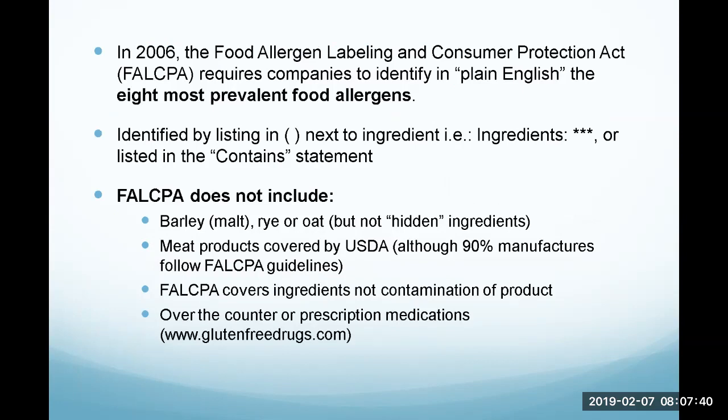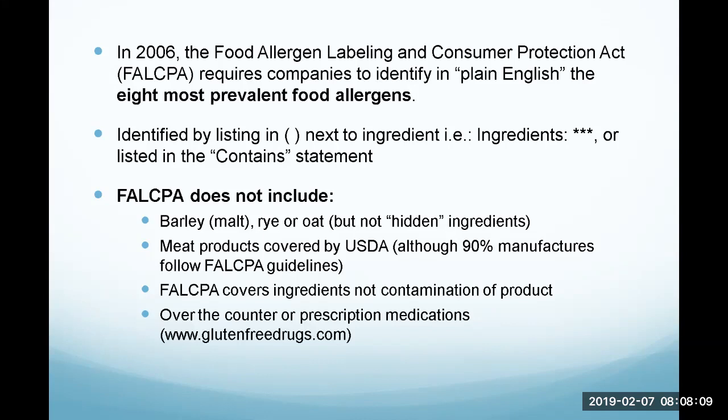Before 2013, in 2006, the Food Allergen Labeling and Consumer Protection Act came up with the rule of labeling every food with the 8 most prevalent food allergens, which include egg, fish, milk, soy, peanuts, tree nuts, shellfish, and wheat. It did not say anything about barley and rye.